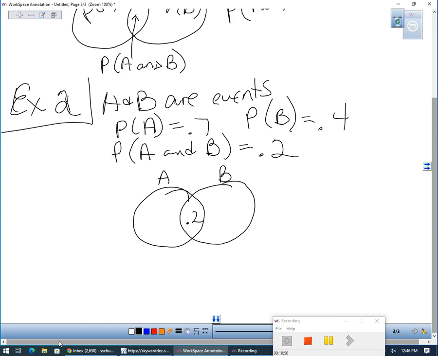So what goes in the outside portion of A? 0.5, awesome. So this is 0.5. Over here, this whole circle is 0.4, so it goes on the outside. 0.2. And then what goes on the outside of both of those circles? 0.1. How did we get 0.1 on the outside? Yes, 1 minus everything else we had. Very good.